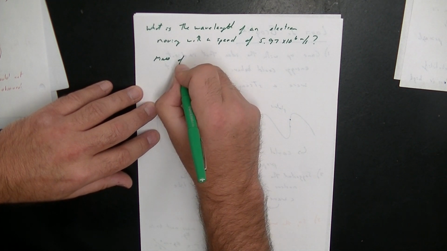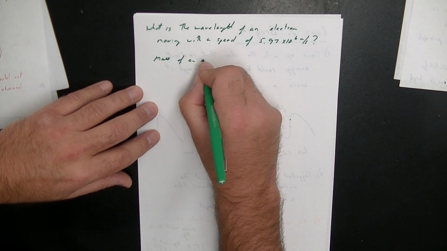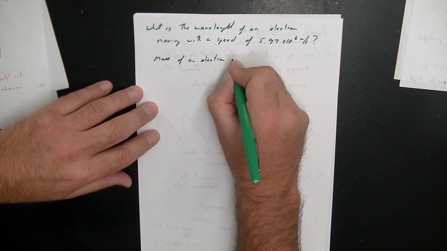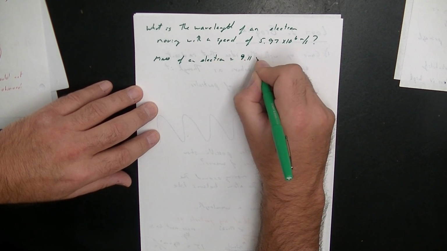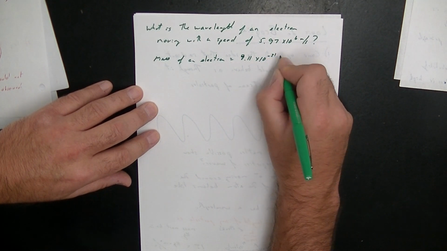The mass of an electron is equal to 9.11 times 10 to the minus 31st kilograms.